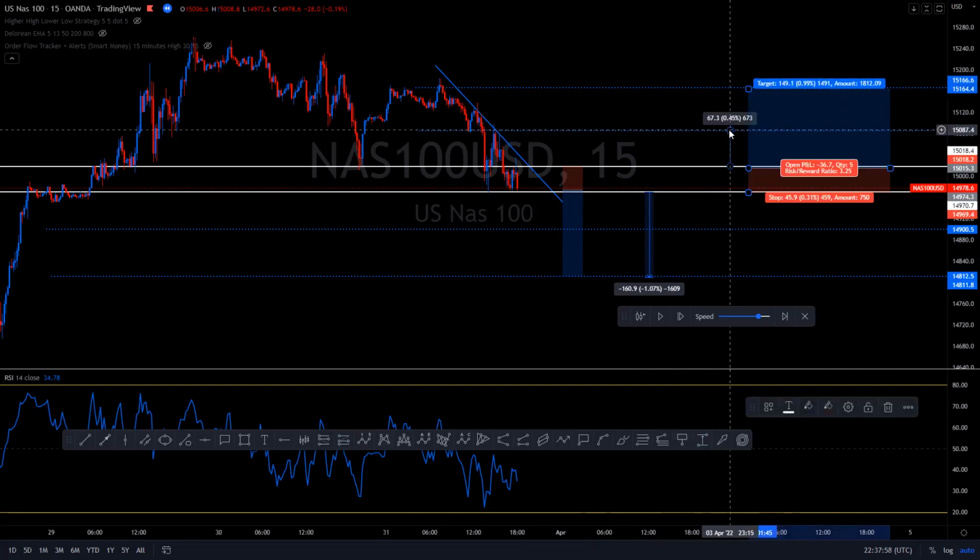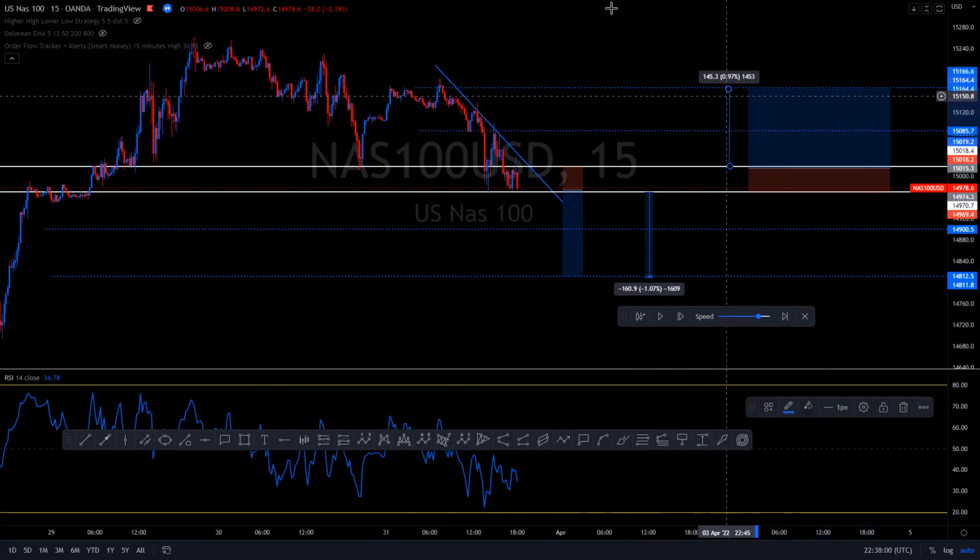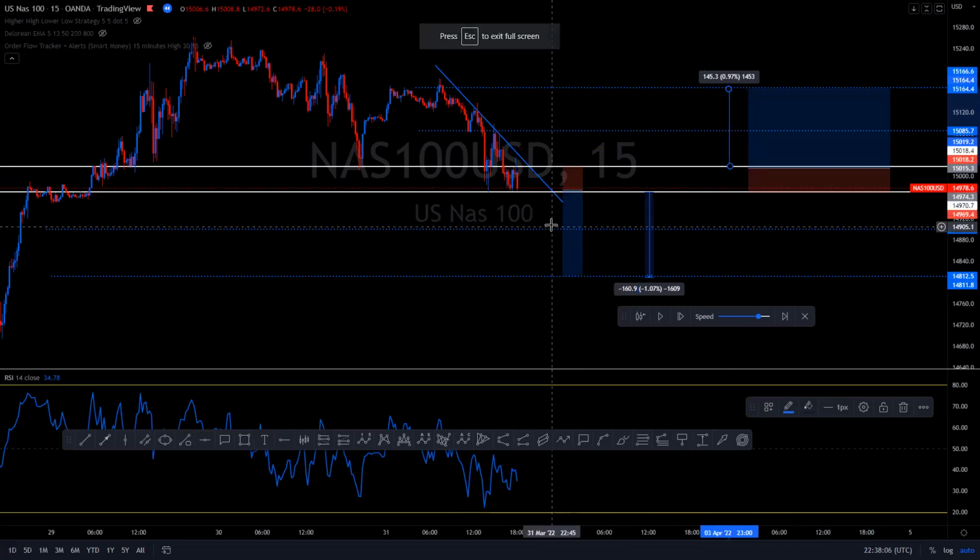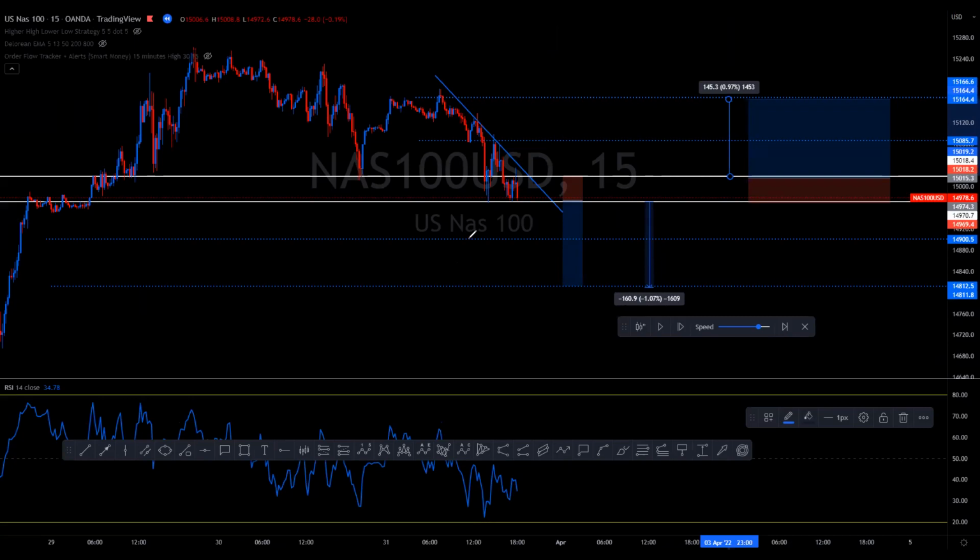Definitely good trades. So now that I've put my take profit zones at the imbalance gaps, I would ask myself, which imbalance gap do you think they're going to want to fill first before they fill the next one?